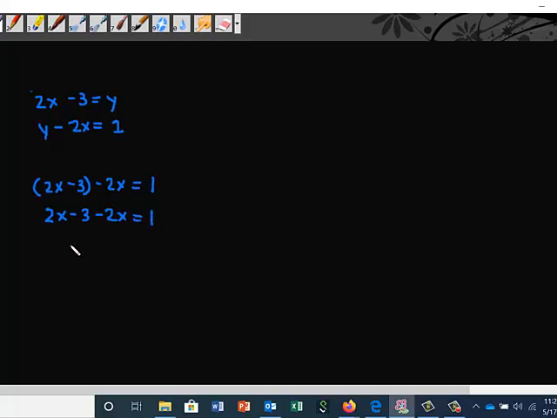Look at this, this has become 0. 2x minus 2x is 0. Minus 3 is equal to 1. However, negative 3 cannot equal 1. So therefore, this system has no solution, and it's independent.